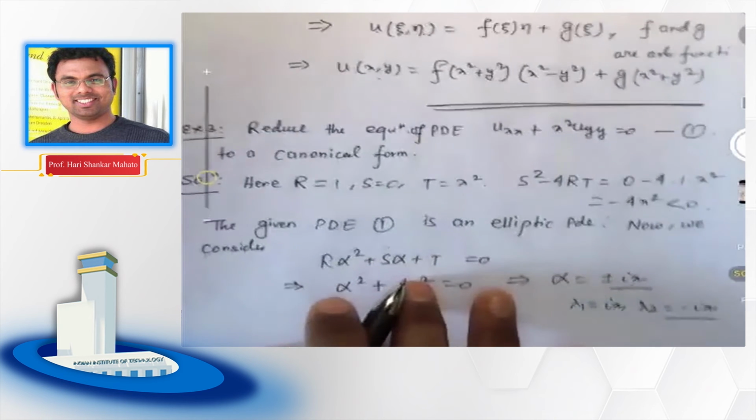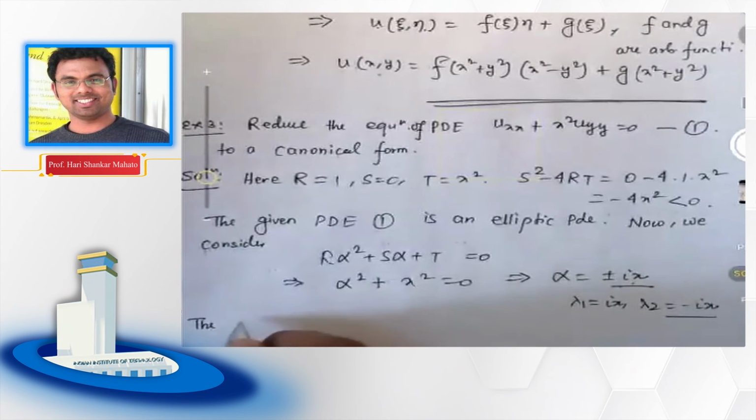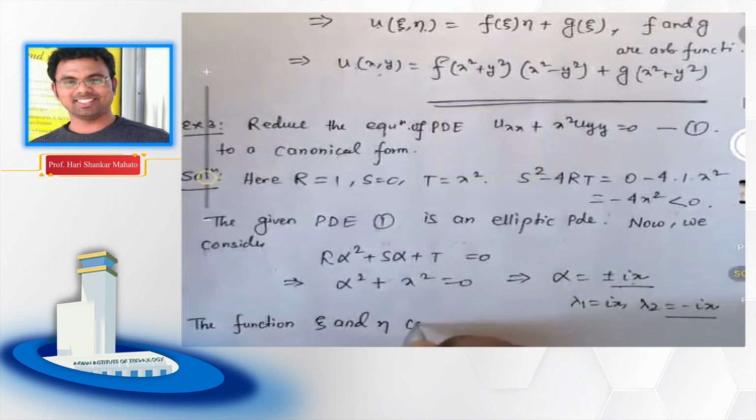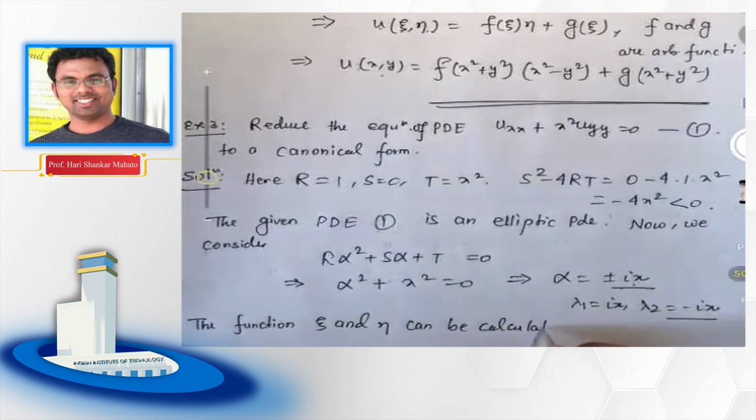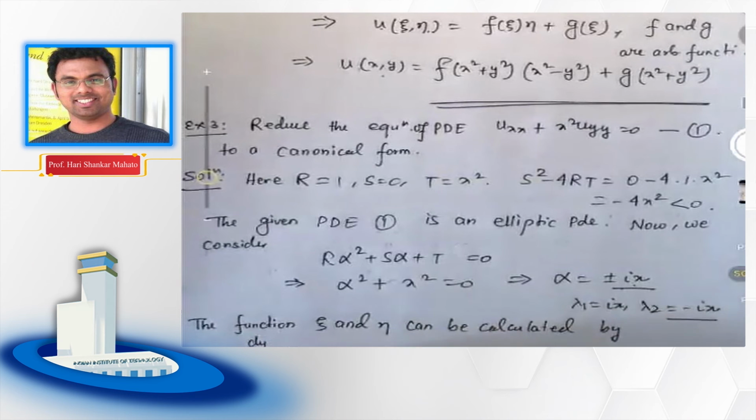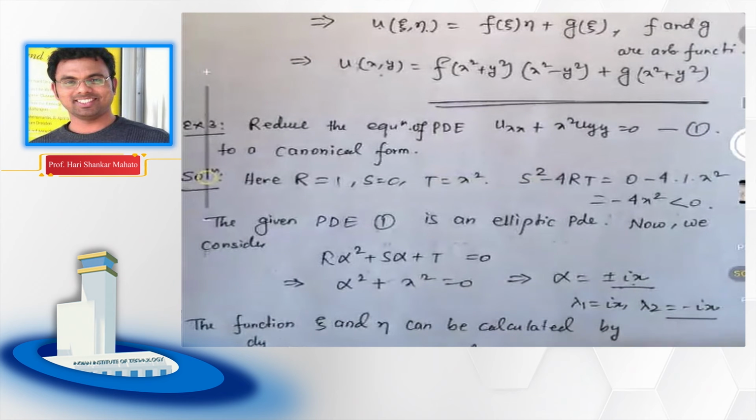And we can write the functions xi and eta, which can be calculated by dy/dx plus lambda 1 equals 0, and dy/dx plus lambda 2 equals 0.